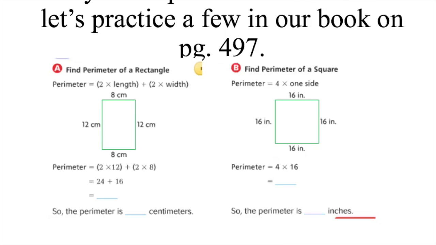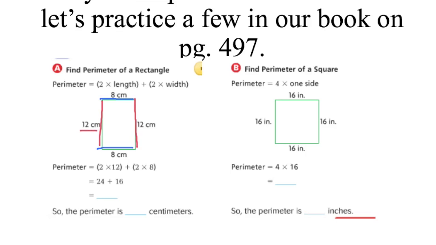So now we're looking on page 497. If you've got your book at home, you may use it, or you can just use your piece of notebook paper. If we're looking at a rectangle, we know that a rectangle is a four-sided figure with two parallel sides. So this is 8, and this is 8. This is 12, and this is 12. So I can come up with a formula to put them together.